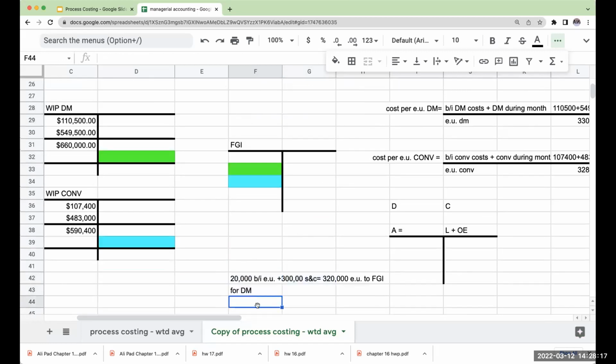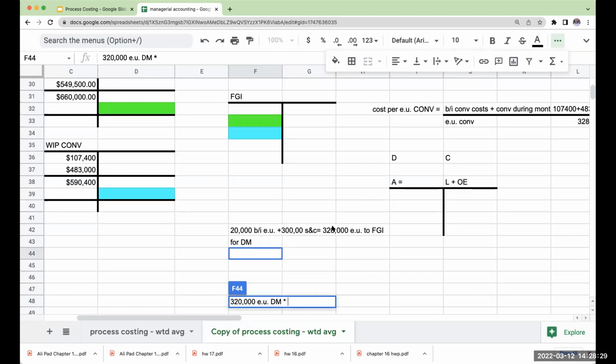Okay, so what I'm going to do now is take 320,000 equivalent units for direct materials and multiply that by my cost per equivalent unit for direct materials, or $2 per equivalent unit.